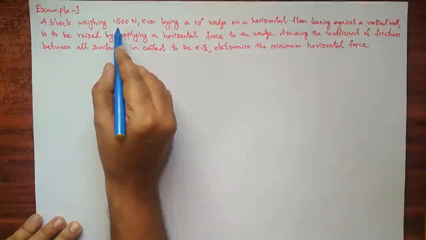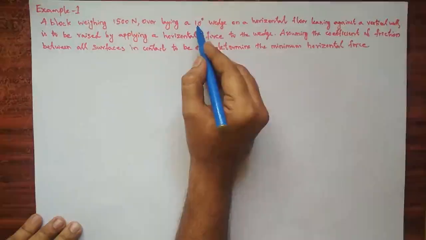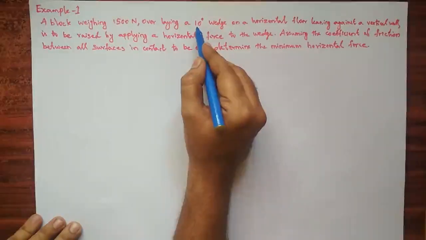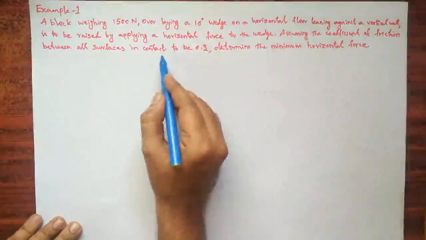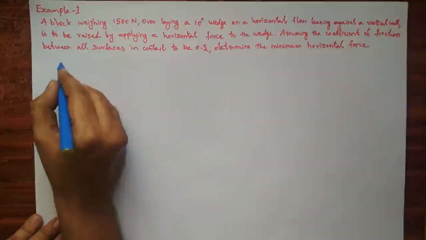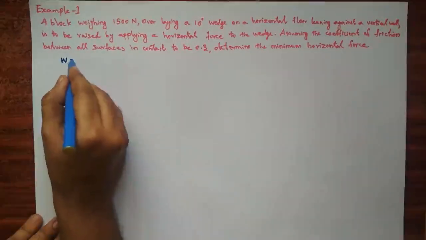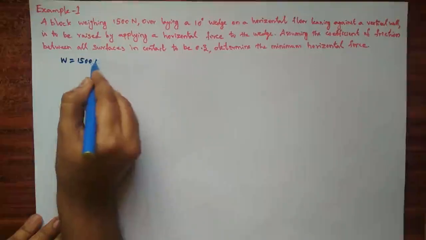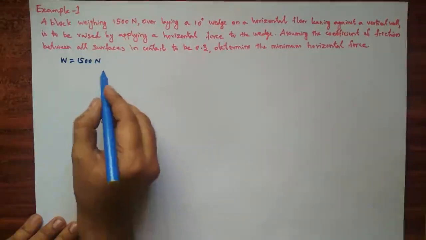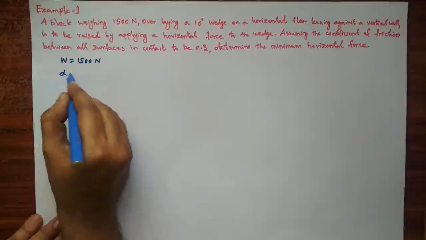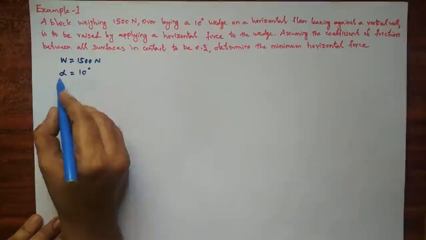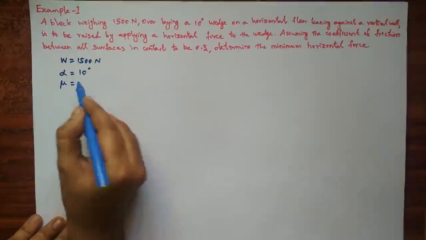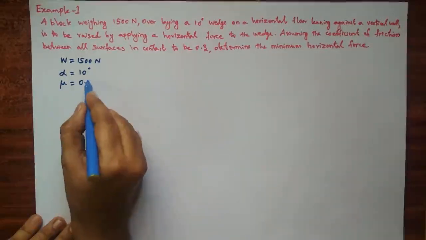So here the weight of the block is given and the angle of inclination, that is the wedge inclined surface angle, is given with respect to the horizontal floor. And also the weight of the block W is equal to 1500 Newton, alpha is 10 degree, mu coefficient of friction is equal to 0.3.